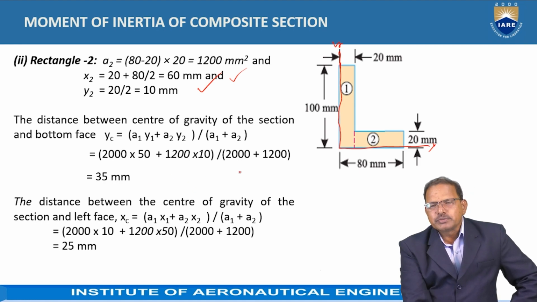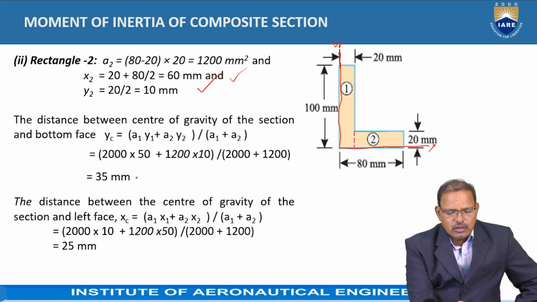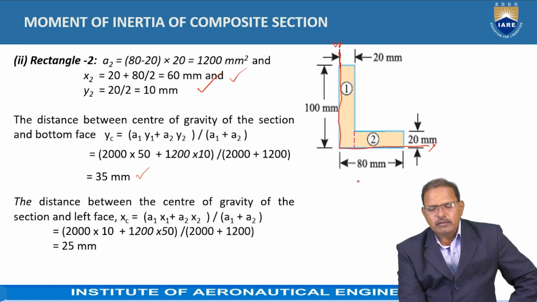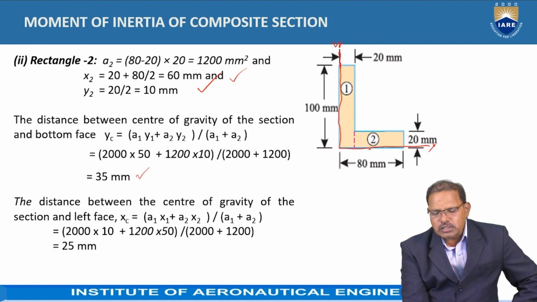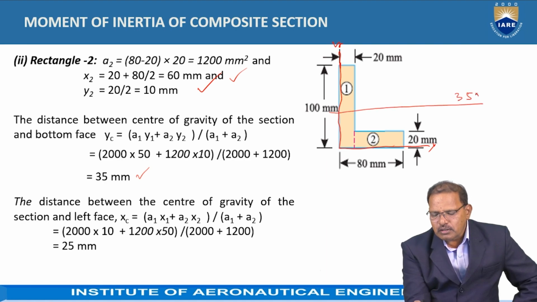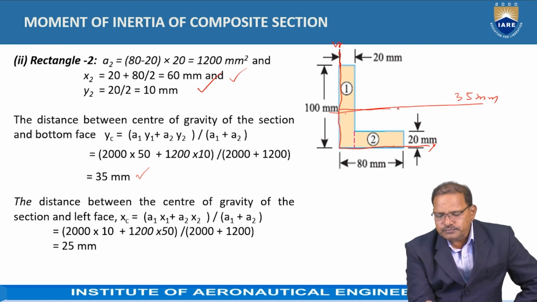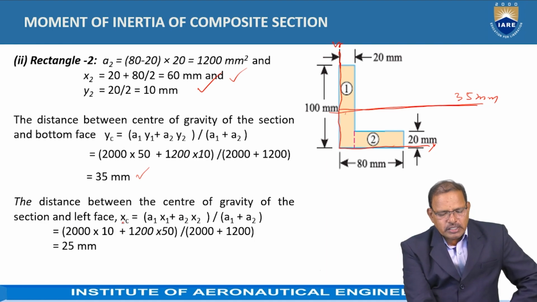So, on substituting the values of a1, y1, a2, y2 in the equation, we got yc is equal to 35 mm. That yc is nothing but the position of the centroid with respect to the x-axis. It is at a distance of 35 mm. Similarly, the x coordinate is xc is equal to a1x1 plus a2x2 divided by a1 plus a2.